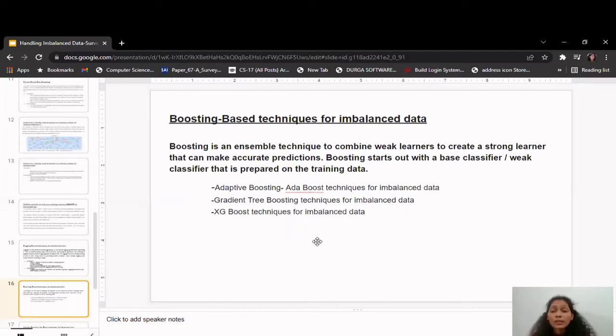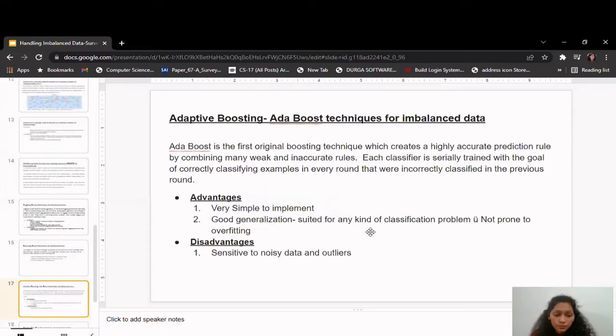So there are three techniques: adaptive boosting, or we may say AdaBoost techniques for the imbalanced data, gradient tree boosting techniques for the imbalanced data, and the XGBoost techniques for the imbalanced data.